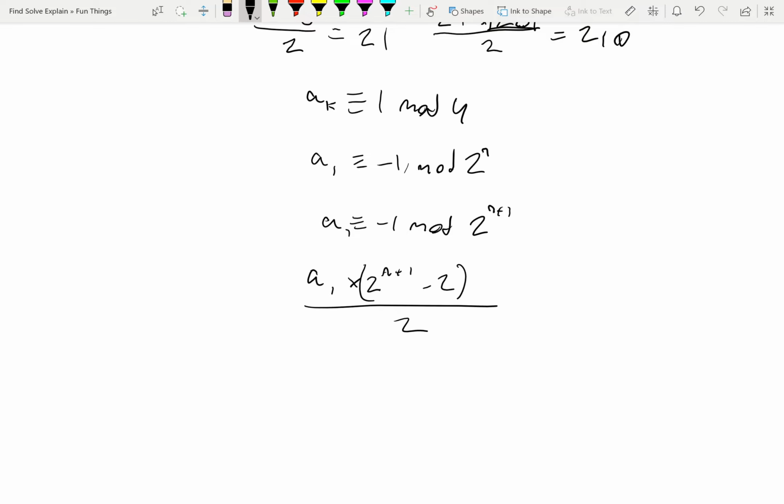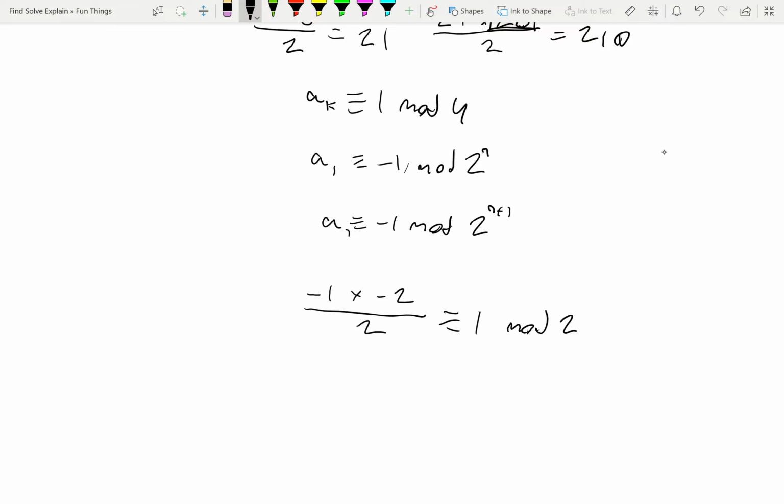Or wait, we can simplify this, sorry. If we look at the entire equation mod 2 to the n plus 1, this will give us minus 1 times minus 2 over 2, which is congruent to 1 mod 2 to the n plus 1.